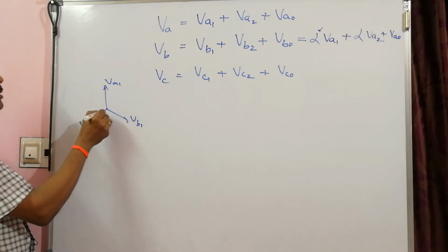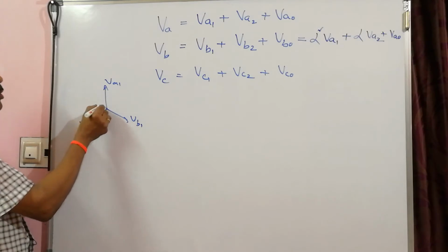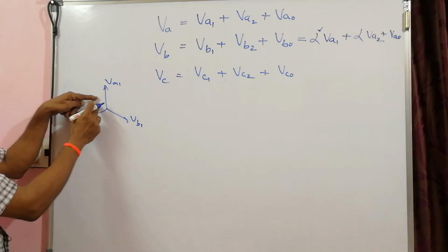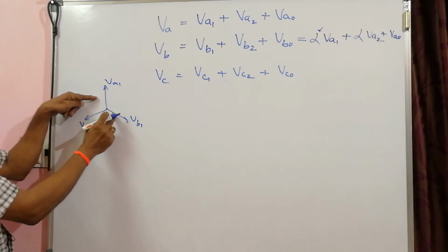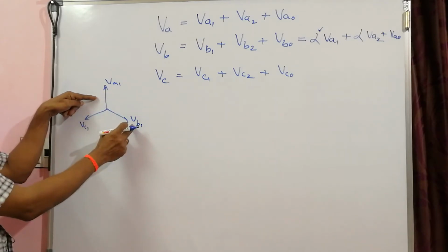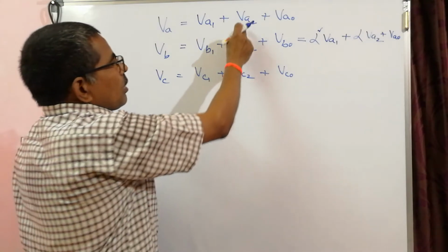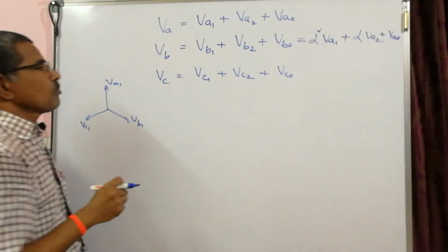Okay. This is 120 degrees, 120, 120. So, in counterclockwise direction, it is alpha square times VA1, that is VB1. Okay. Then VA2, VB2.